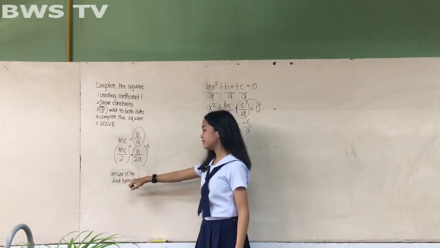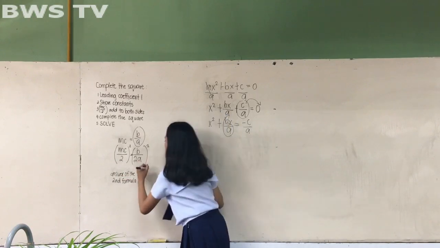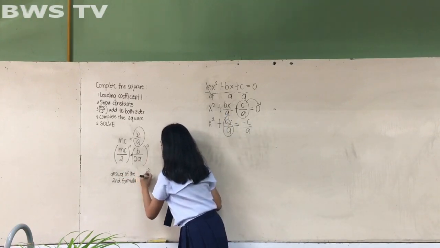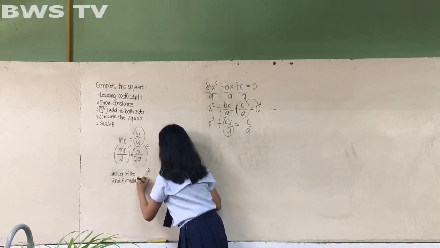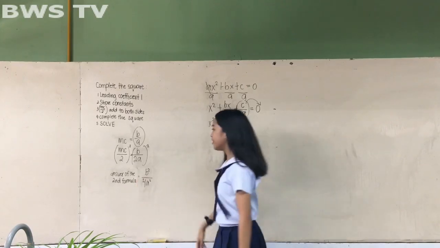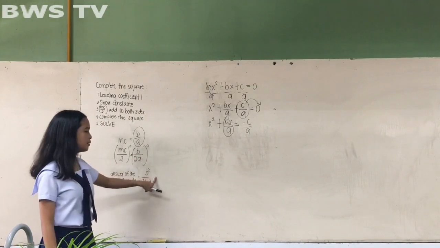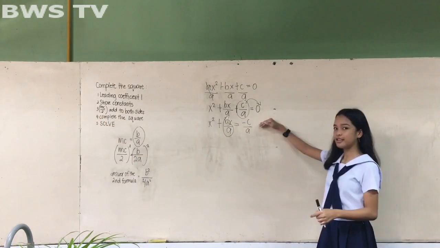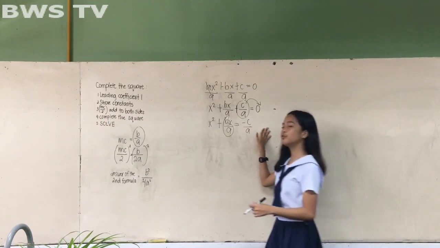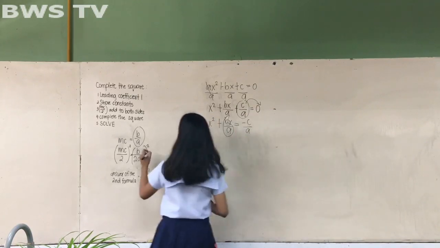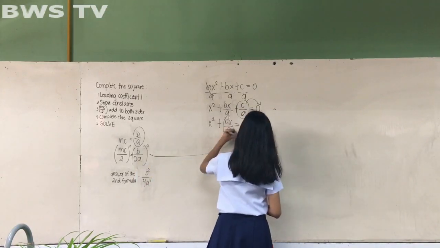Then the answer of the second formula, b squared over 4a squared. Then we are going to add this formula to both sides. We are going back to here. We're going to add this.